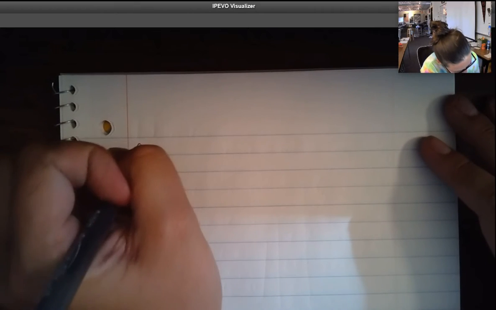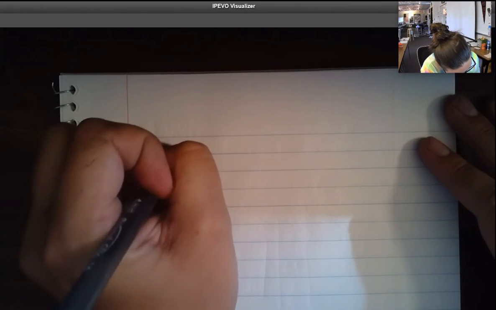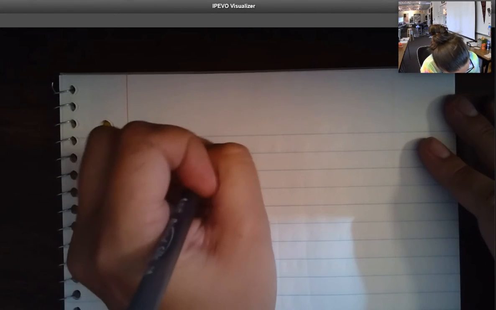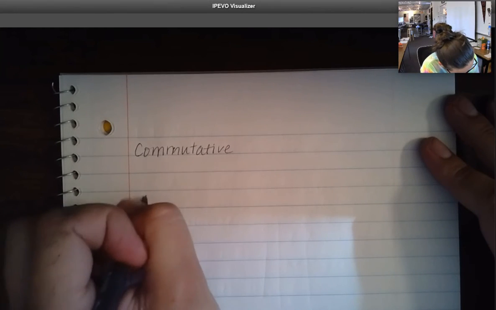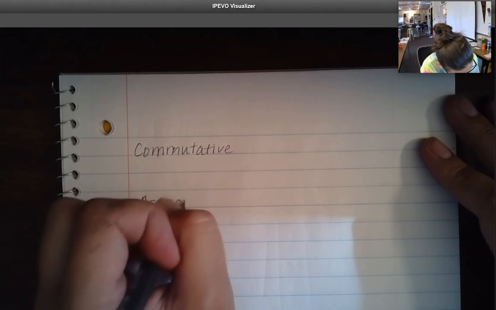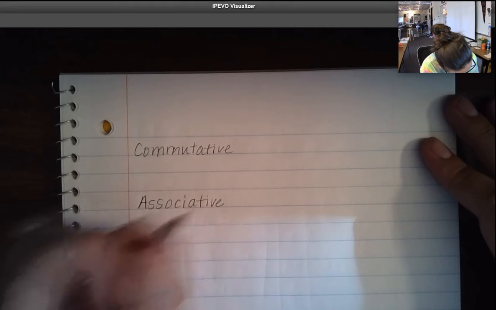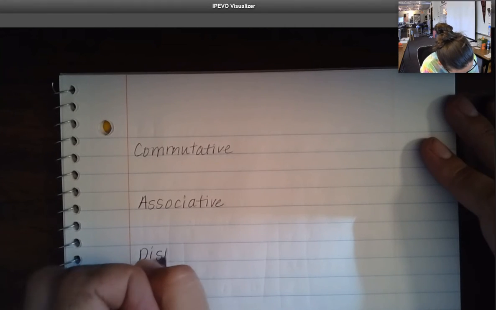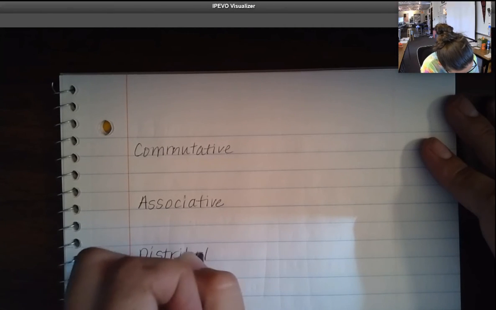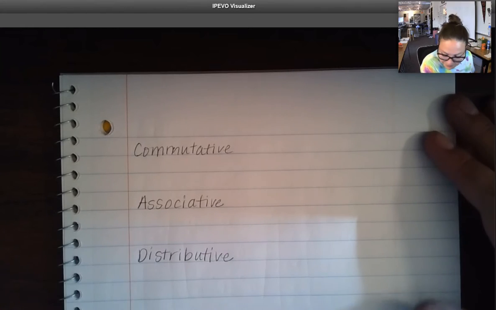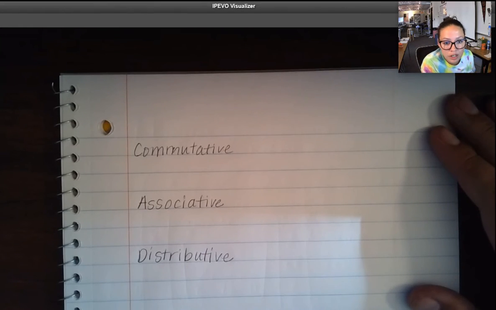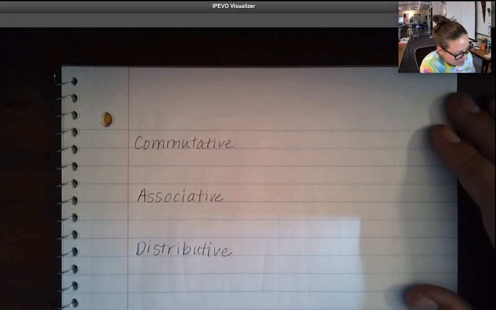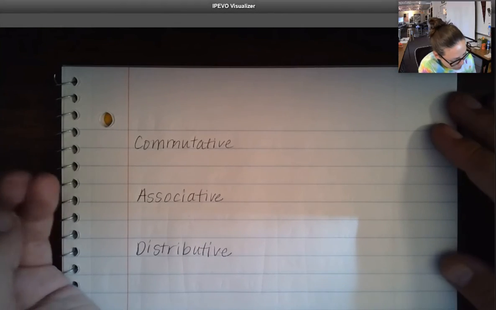All right, moving right along. A couple more properties here. We have the commutative property, the associative property, and the distributive property. The commutative property basically says that I can switch back and forth.